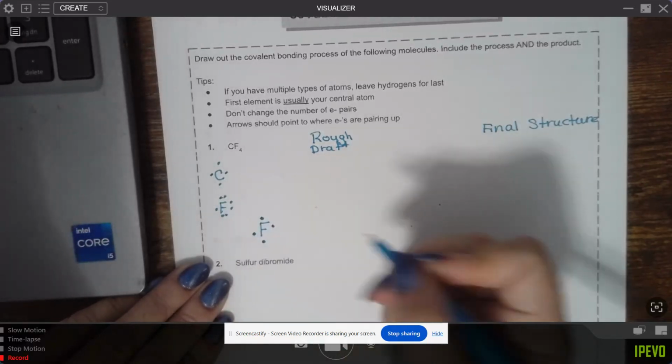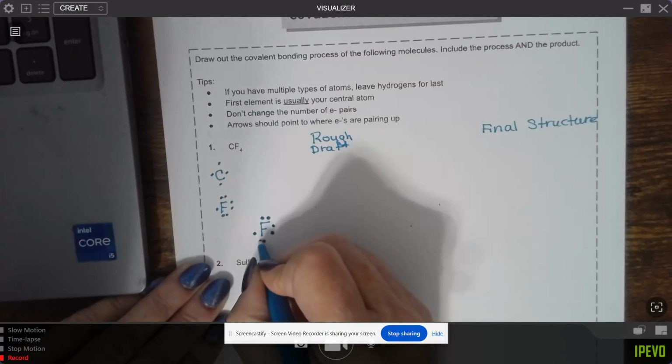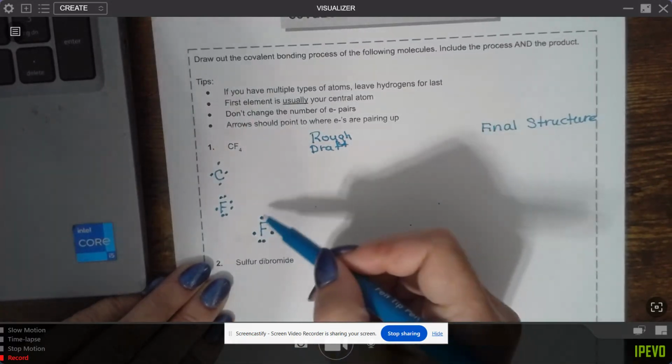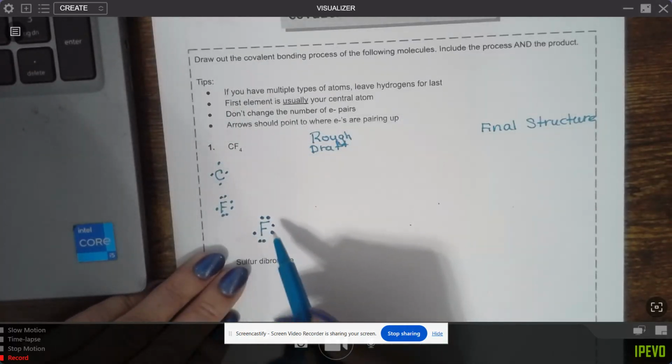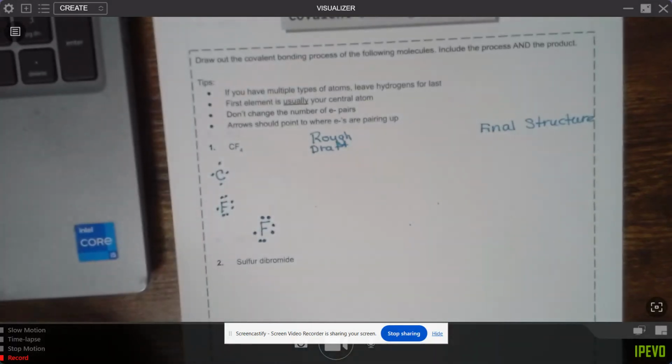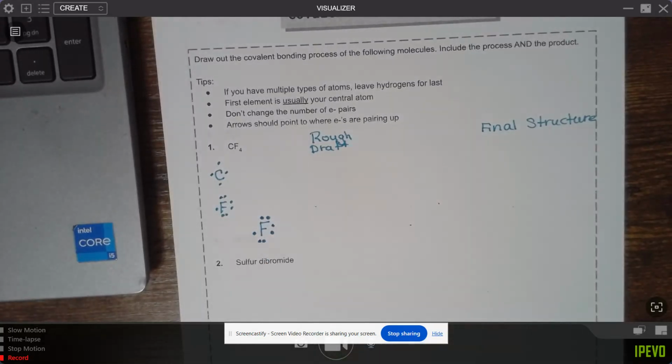So fluorine has 7, so 4, 5, 6, 7. And I'm not real concerned with how you draw them. If you watched, I didn't draw that one at a time. Once you get used to it and you see that there's 7 electrons, you're going to do 2, 4, 6, and 1 on the side.